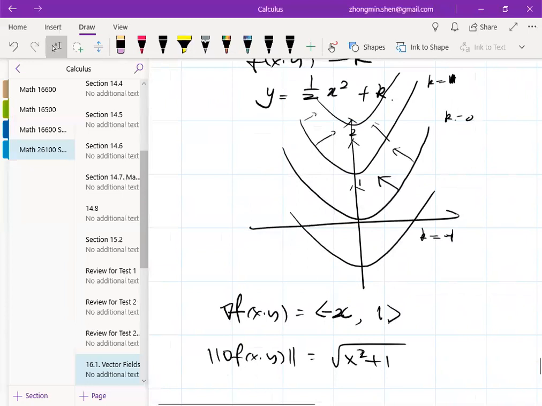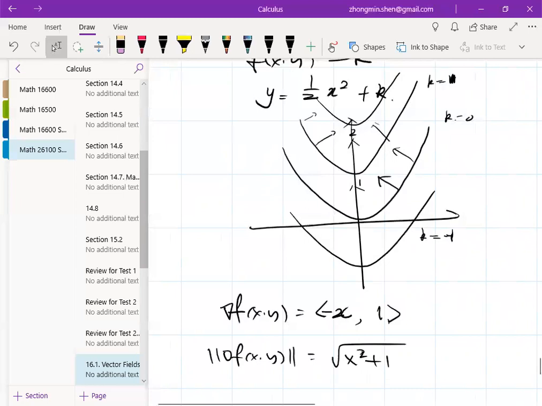When x is getting close to 0, the length is getting close to 1, but when x gets large, the length is getting longer. The vector is getting longer.